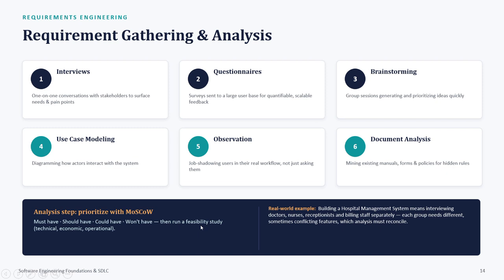Then run a feasibility study, technical, economical, and operational. Real world example is building a hospital management system means interviewing doctors, nurses, receptionists, and billing staff separately. Each group needs different, sometimes conflicting features, which analysis must reconcile.